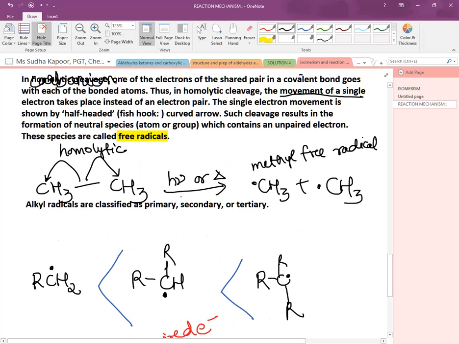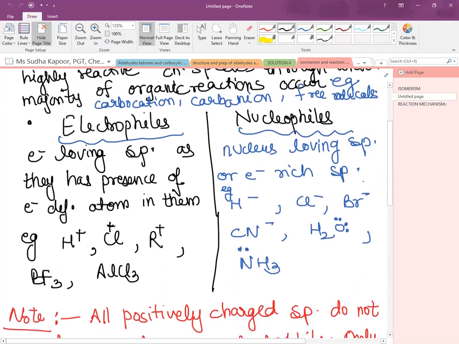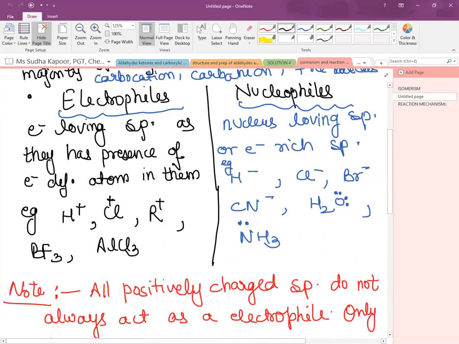Now, other than these, the two important terms that we go through during organic reactions are electrophiles and nucleophiles. So let us move on to this topic. Electrophiles are the species which are electron loving in nature, as they have an electron deficient atom in them.